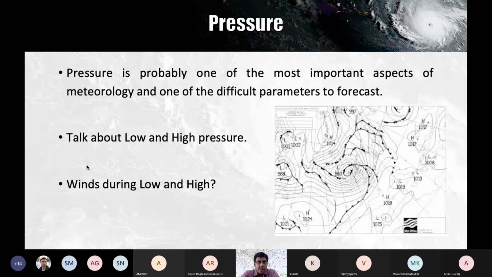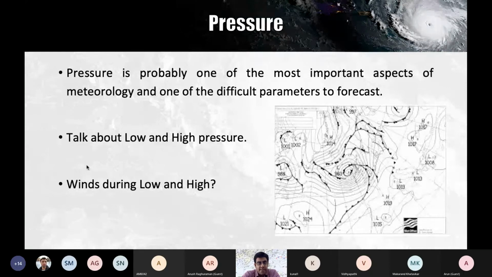And we talk about these high pressure, low pressure systems, and we still don't know how they form, when they form. The dynamics are very complex, so we'll talk about those in the upcoming sessions. What is the basic mechanism by which these low pressure, high pressure systems form, and what are the winds?